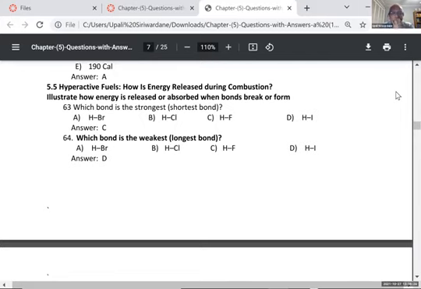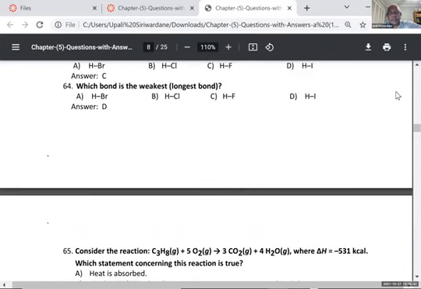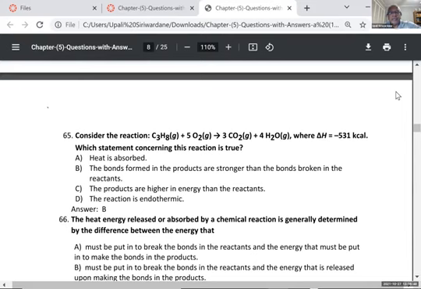The other atoms with hydrogen are bromine, chlorine, fluorine, iodine. Fluorine is the smallest atom, therefore HF has the shortest bond and the strongest bond. Which bond is weakest, longest? The larger atom, iodine and hydrogen. So there are certain things that decide the bond energy.